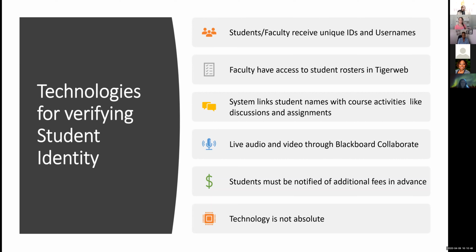And the SACS policy requires that students be notified in advance if additional fees are going to be applied for identity verification technologies and so on.